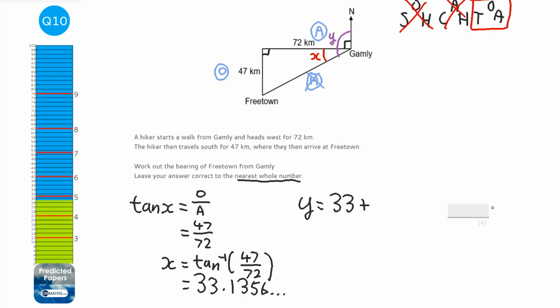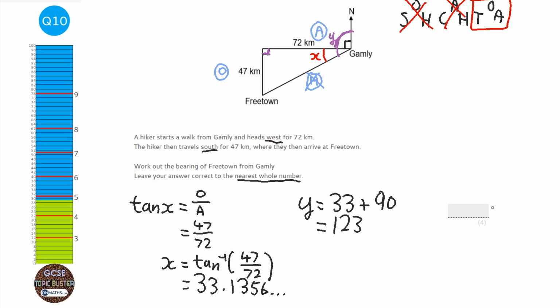Now, the reason I know this is a right angle here is because it says that he heads west and then south. So I know that both the angle here and the angle here are going to be right angles, because the angle between all four directions, north, east, south and west, are going to be right angles. So I'm going to add 90. And you can do this in the calculator or you can do it in your head. I'm going to do it on the calculator.